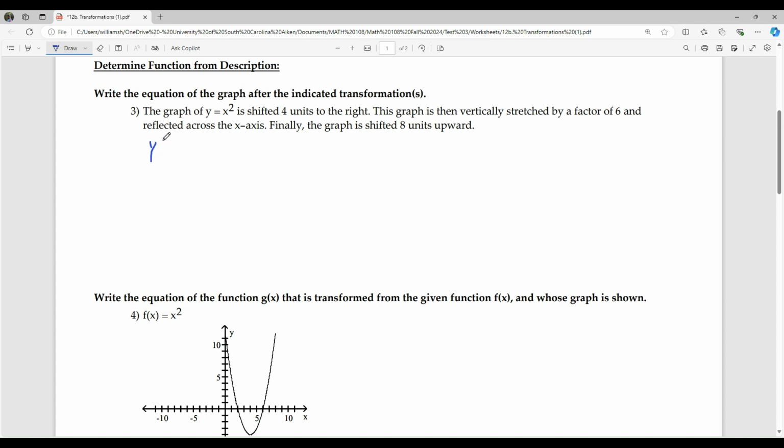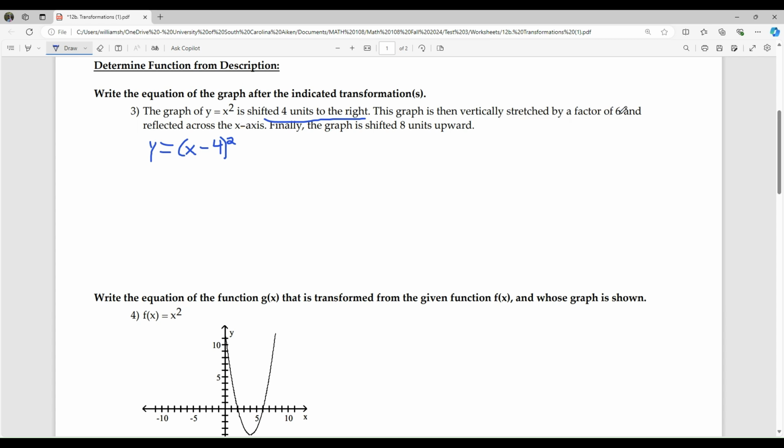So it's going to look like y equals parentheses x. Now we're shifting to the right, so I need to subtract here. So (x minus 4) all squared. All right, that takes care of this piece. Then this graph is vertically stretched by a factor of 6 and reflected across the x-axis.